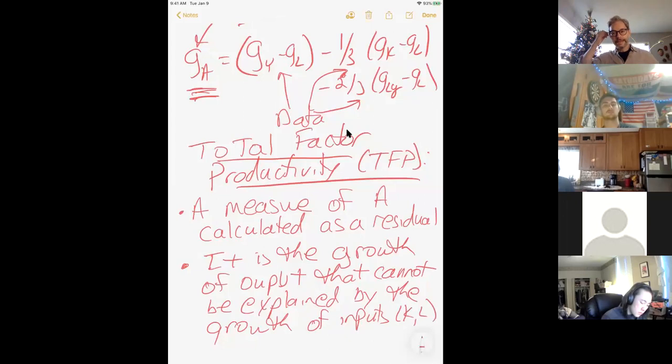It's a residual, right? It's what's left over after we subtract out the growth in inputs that we can directly measure. So this is one way that we can directly measure productivity. And so that's what growth accounting is: using this approach to try to measure productivity and to measure how important productivity is to changes in output and changes in growth, okay?